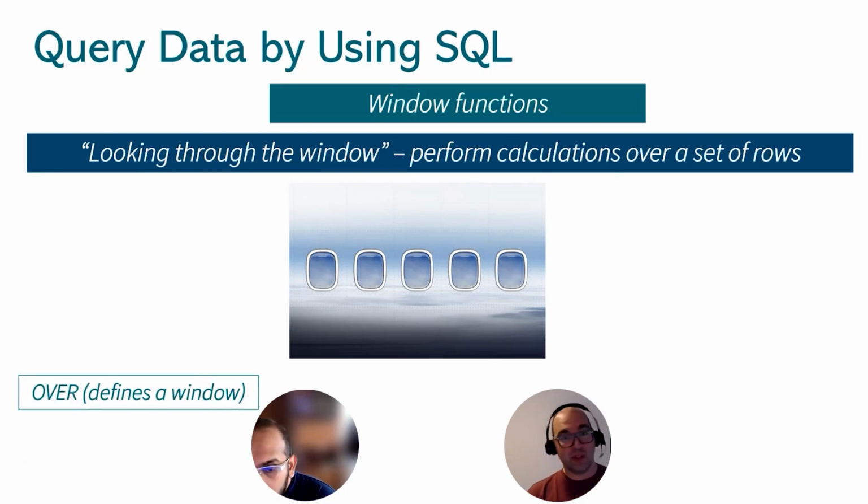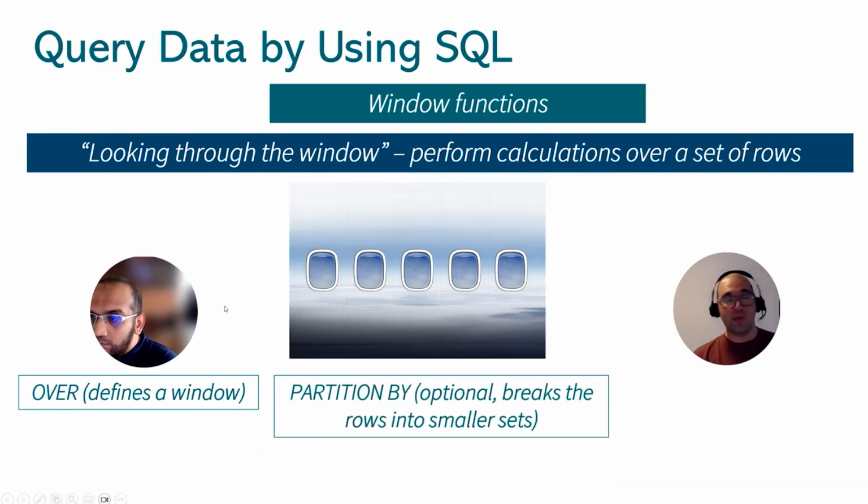There are different window functions, and three key clauses that we are using in window functions. The first is OVER. Basically, the OVER clause defines the window. So what is the set of rows that we are going to perform a specific calculation on? Then we can optionally use PARTITION BY.